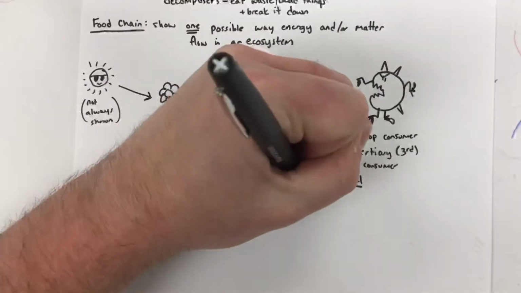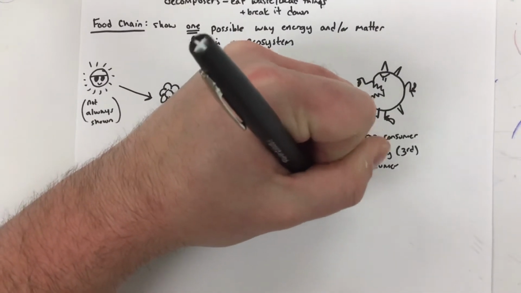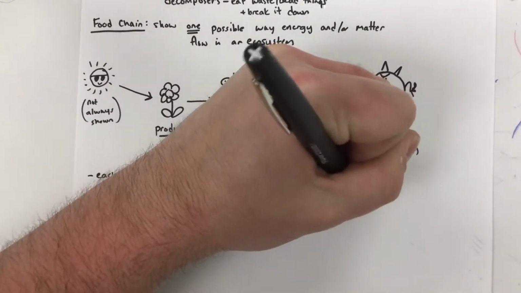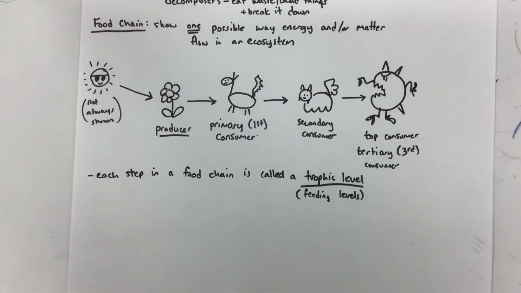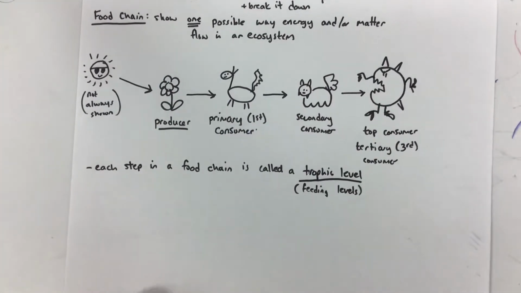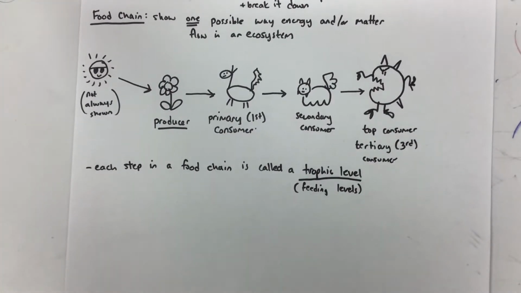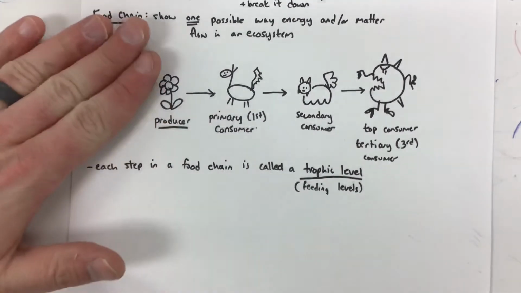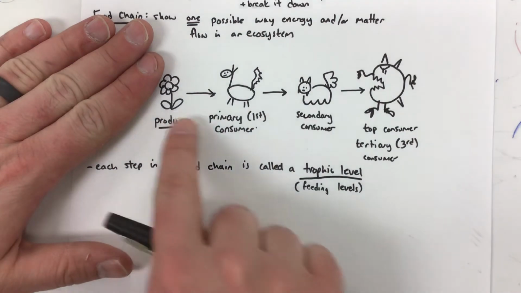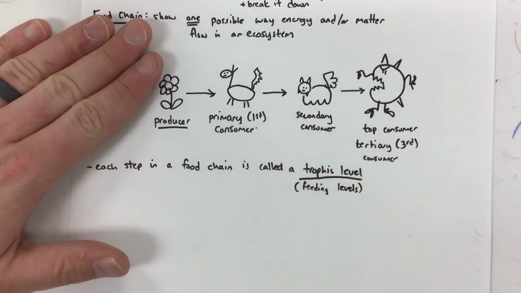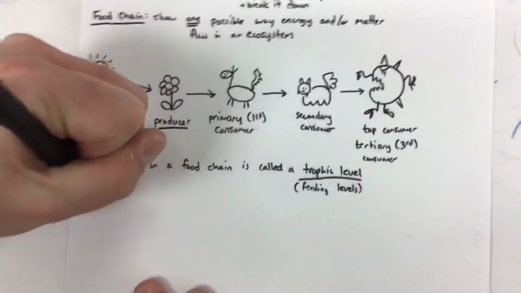So these are actually the feeding levels. Every step in this chain is called a feeding level. The sun doesn't count. So how many feeding levels are there in this food chain? 4. There's 4 trophic levels. 1, 2, 3, 4.